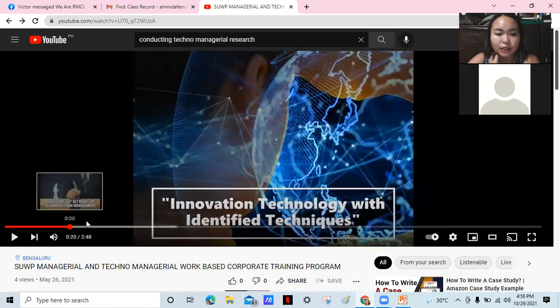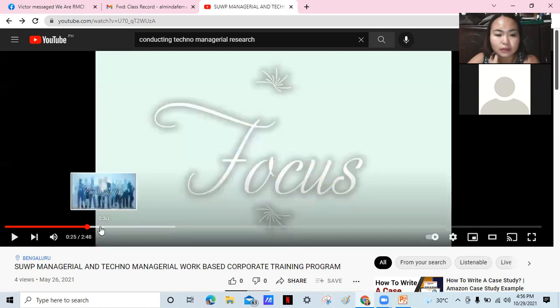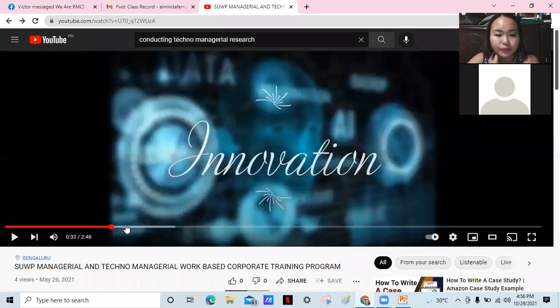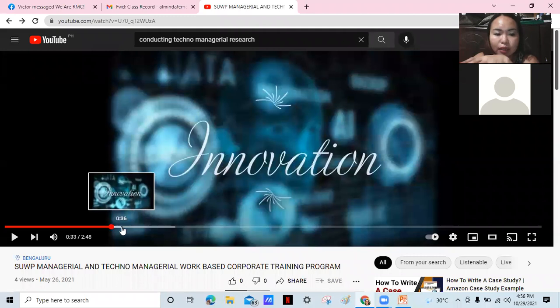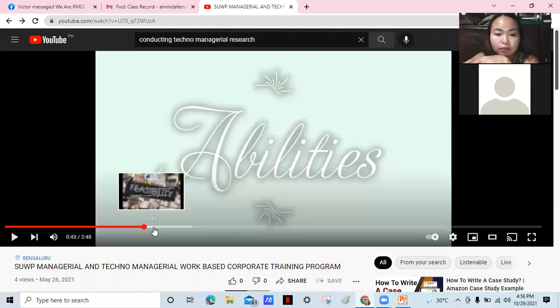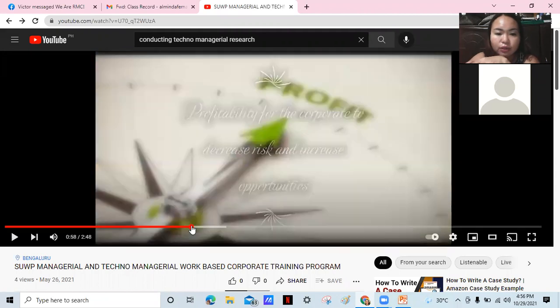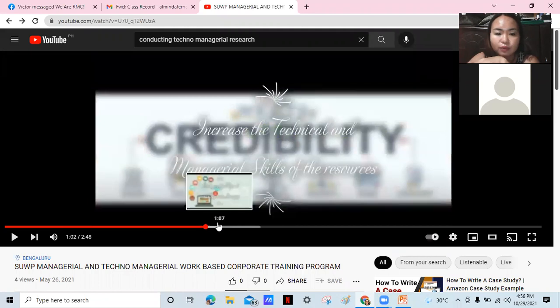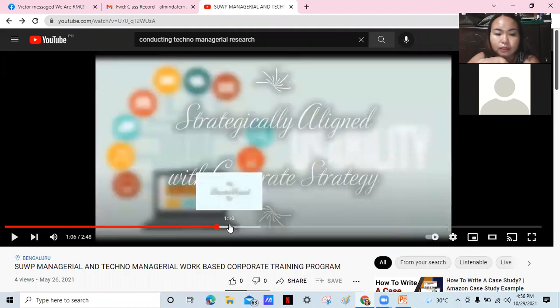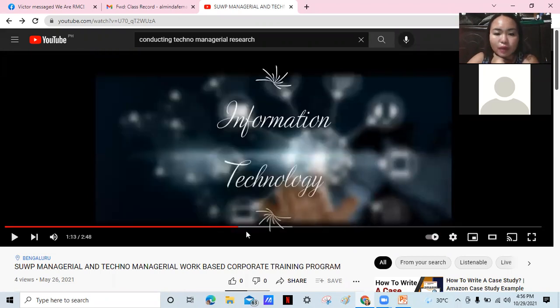So they have listed yung mga characteristics of a good management. And there are also certain aspects of, so lahat yung mga like credibility, we have information technology.